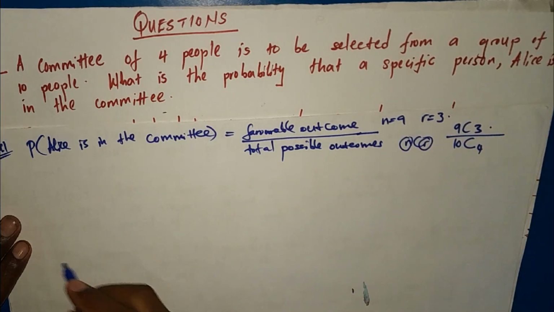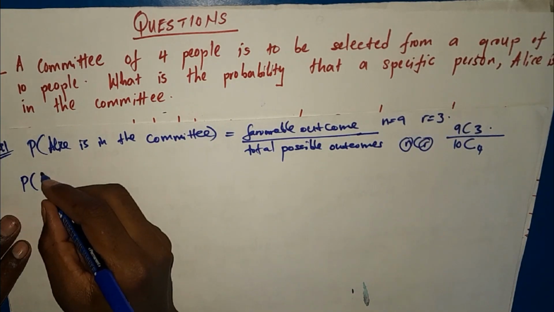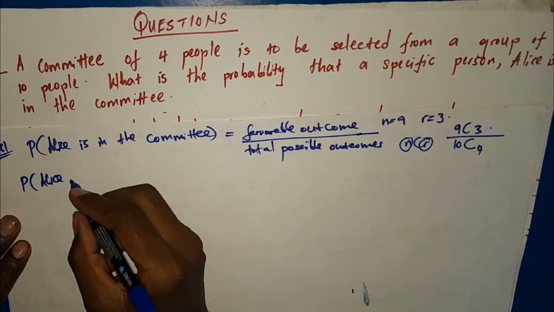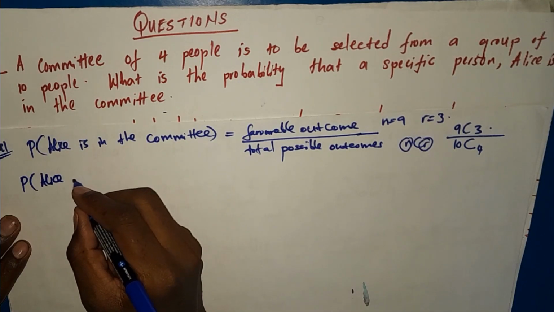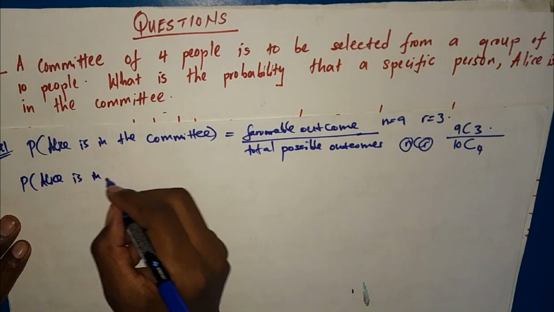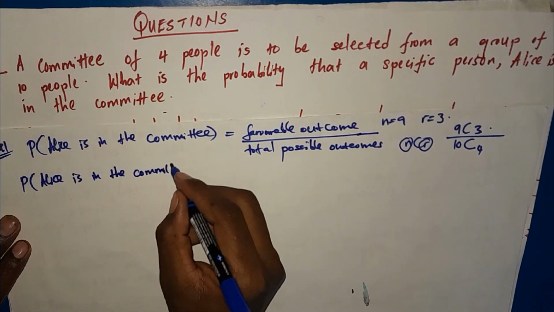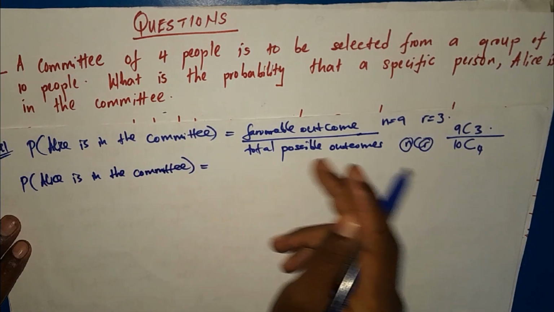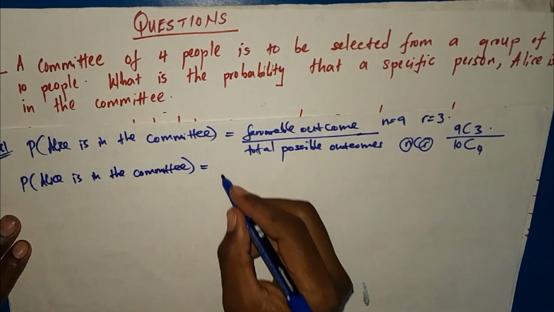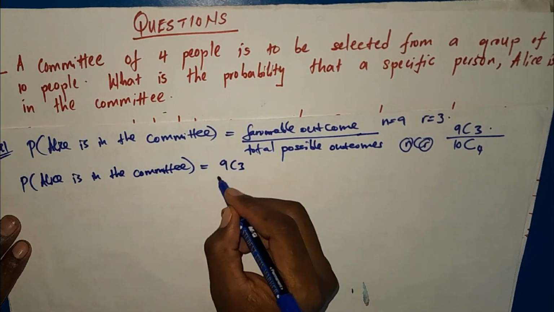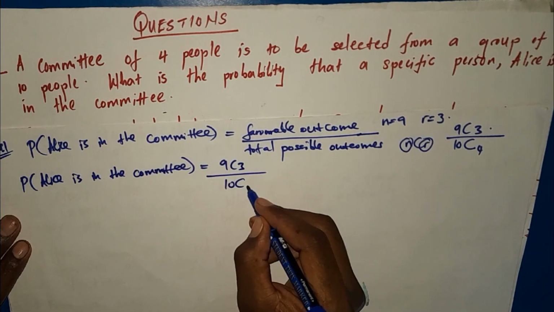So this is how we find the probability that Alice is in the committee. It's going to be equal to the favorable outcomes, which is 9 choose 3, over 10 choose 4.